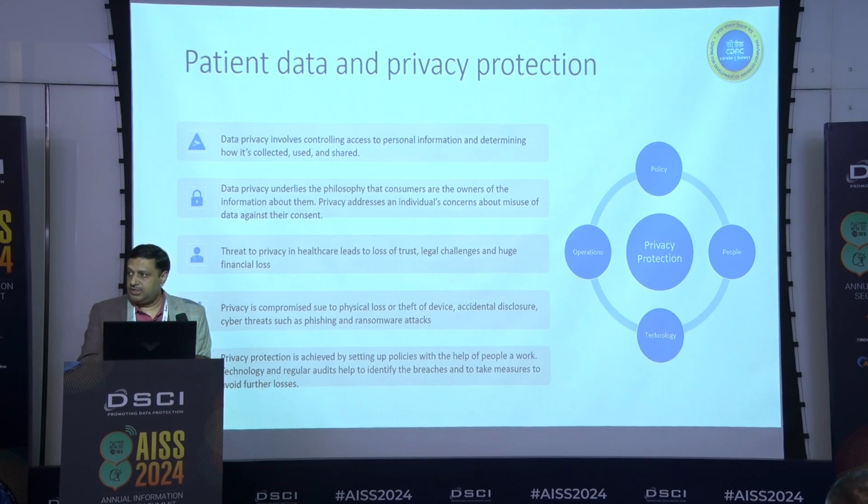Obviously, there is the operation side of it, because there's a lot of access on the operation side related to patient health care and records, and we need to look at that as well. And ultimately the people: we have to make people aware. It's like, don't leave your passwords on your monitors, right? Or the RBI messages that we keep getting, do not share your OTP with anyone. But people have to be trained. We think that everybody knows it, okay?